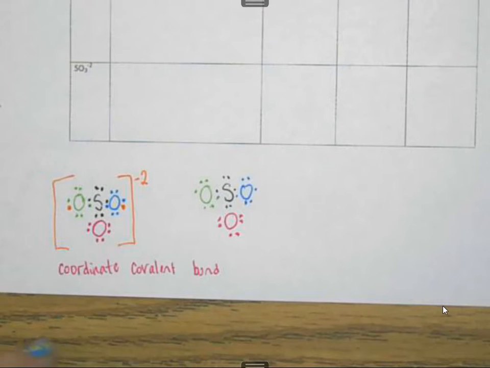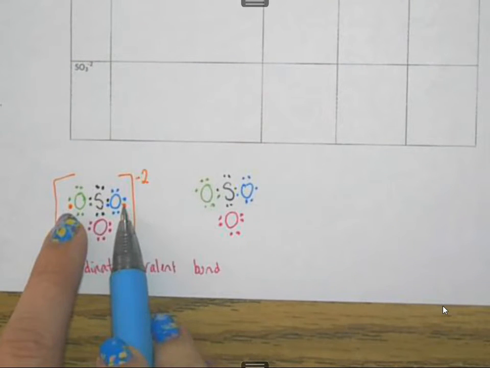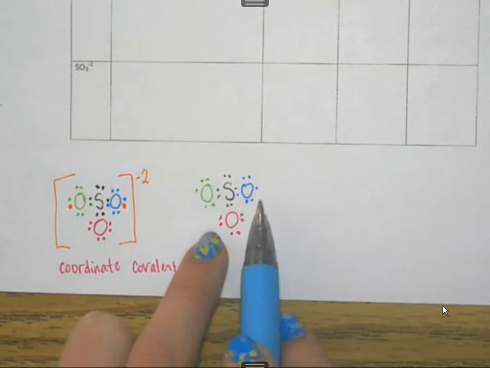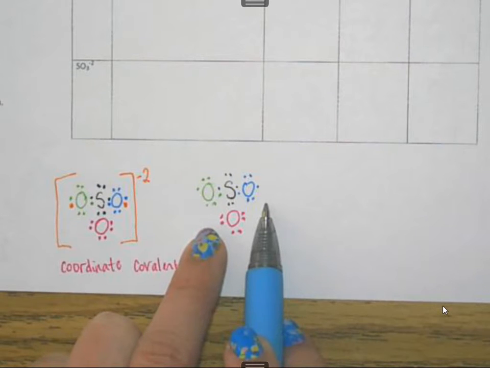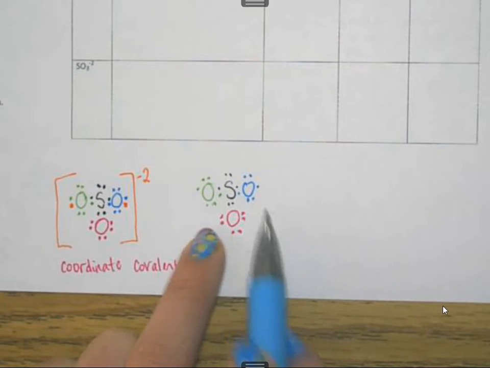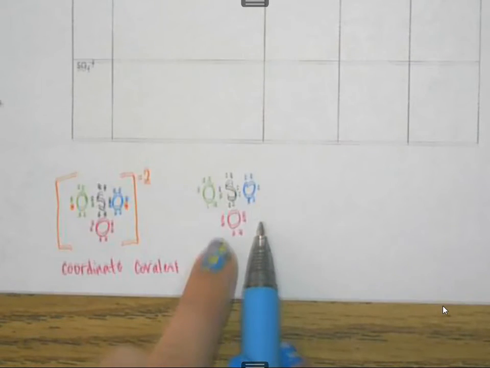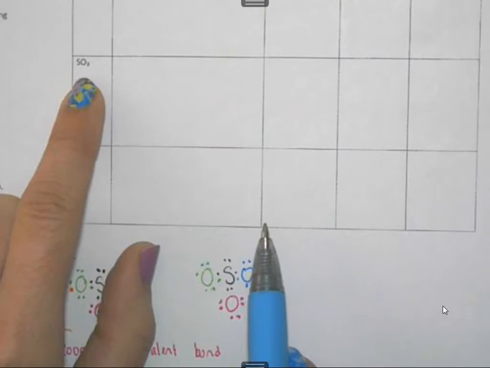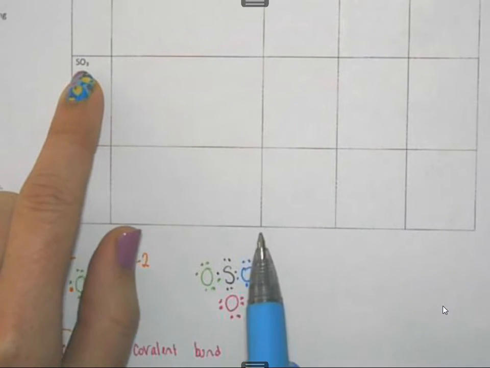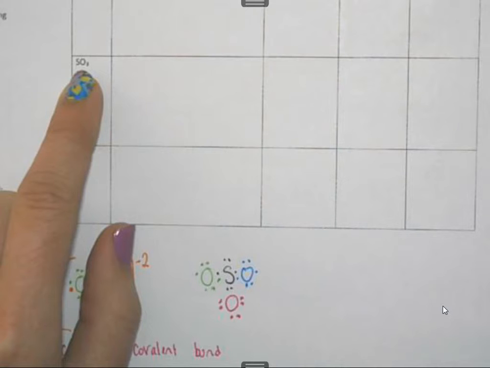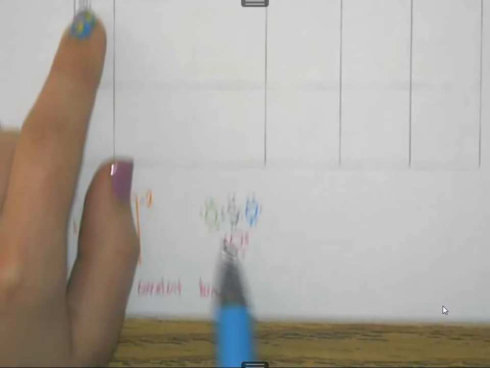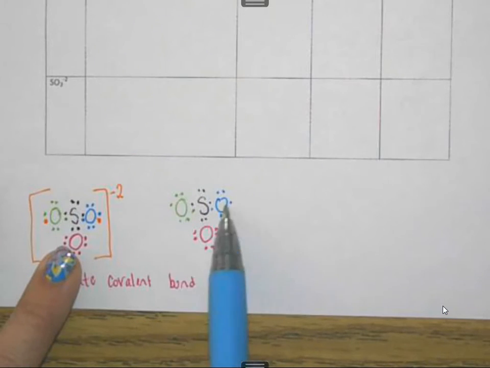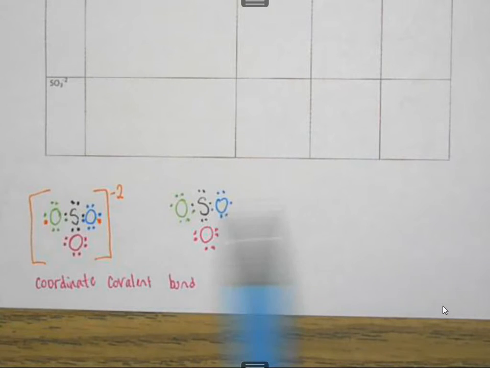Okay, I redrew. I took the two orange dots off of it, and I took us back to this point right here. I'm going back to this point because this one up here has the same exact formula without the -2 charge. What that means is that all it's going to have is 3 oxygens, the sulfur, and no charge.